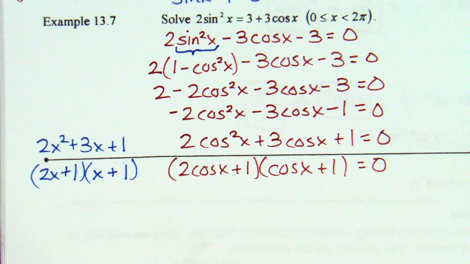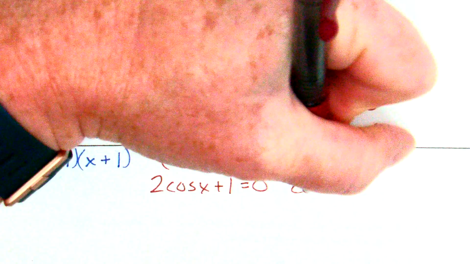Subtract 1, divide by 2. And just subtract 1 on the other one. So we need to know, when does cosine x equal negative 1/2, and when does cosine equal negative 1.